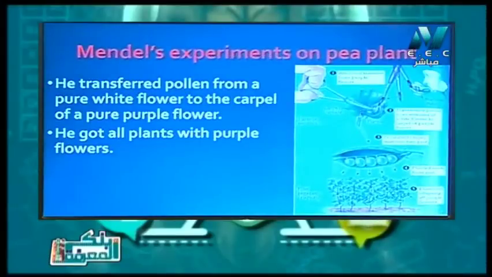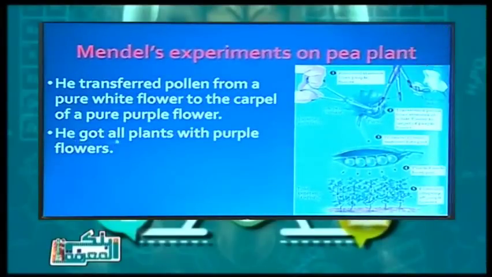After fertilization and the formation of seeds, of course, he cultivated the seeds to show the new generation of the plant. He transferred pollen from a pure white flower to the carpel of a pure purple flower.